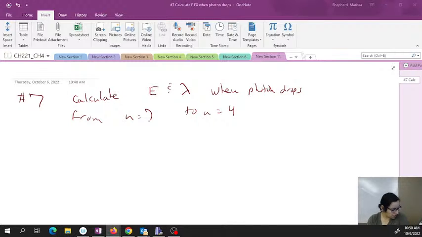So do we calculate energy, or how do we want to approach it? Which formula do we like? We could do this a few different ways.